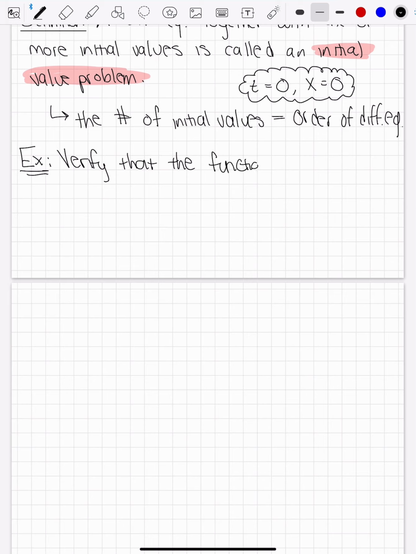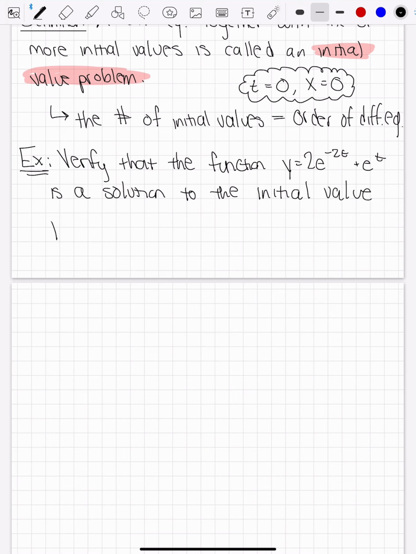So verify that the function y equals 2e to the negative 2t plus e^t is a solution to the initial value problem, where we're given the differential equation y prime plus 2y is 3e^t, and that y of 0 is 3. So this tells us that at time 0 we want y to be 3.